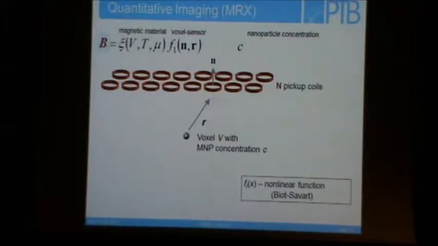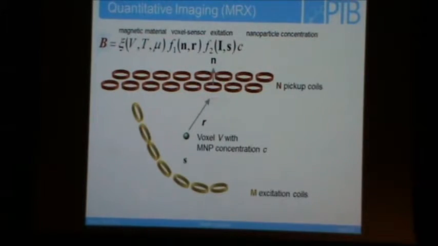And again, it's Biot-Savart's law. We have not only one magnetization coil, but a couple of magnetization coils, which do not generate a homogeneous field, but a highly inhomogeneous field, but a field that we know. And we can magnetize the sample by a couple of different fields. And altogether, we then have a function that describes the distribution of the particles by two functions F1 and F2.